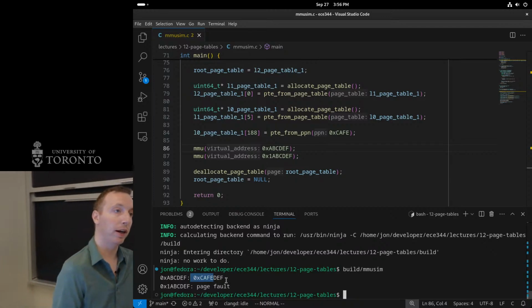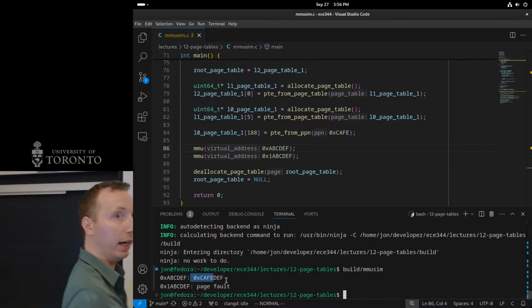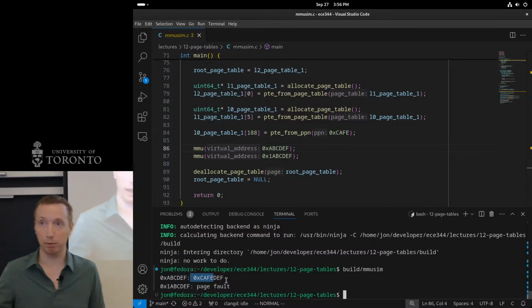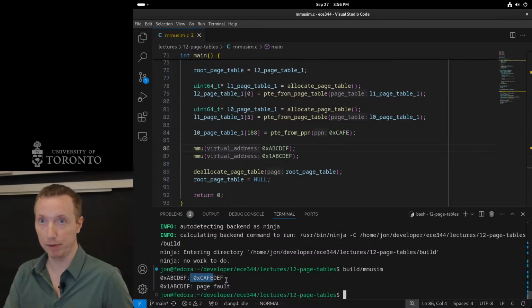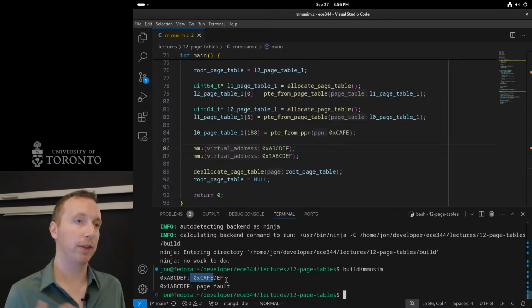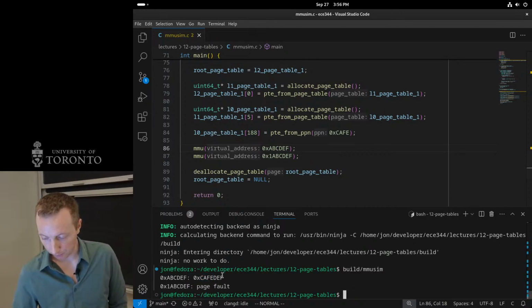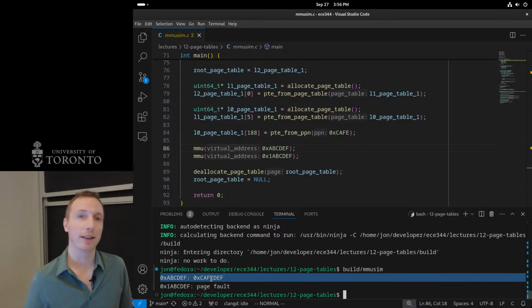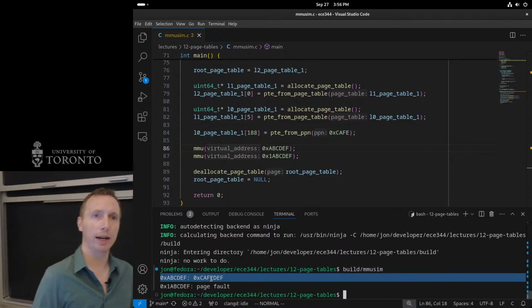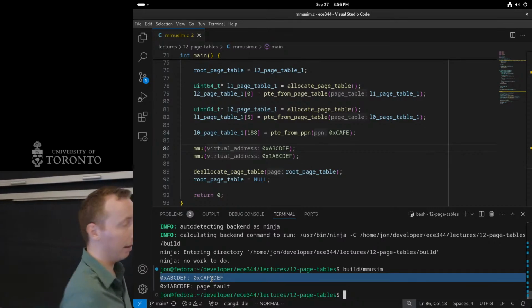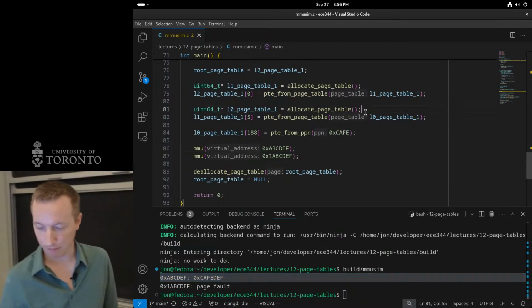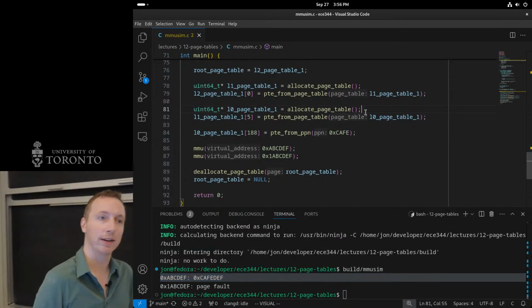And then for the other one, I get a page fault, AKA it doesn't have a valid mapping. That would not be your seg fault; a seg fault would be you accessing memory you're not allowed to access. So, anyone guess why this one translated? Why did this address translate to CAFE-DEF, knowing how I set up everything here?